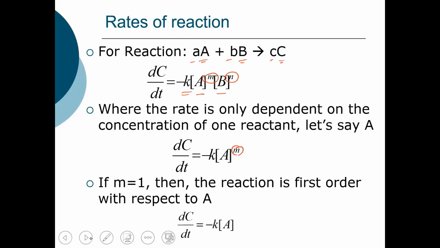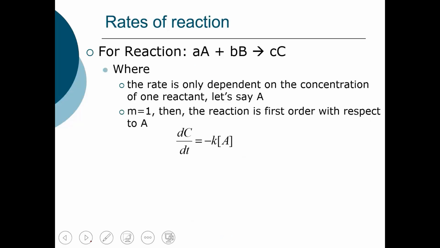And we can write an expression that says that the change in C with respect to time is equal to a rate constant k times the concentration, in this case, the concentration of A. Now, we've just written the same expressions, which I just gave you.